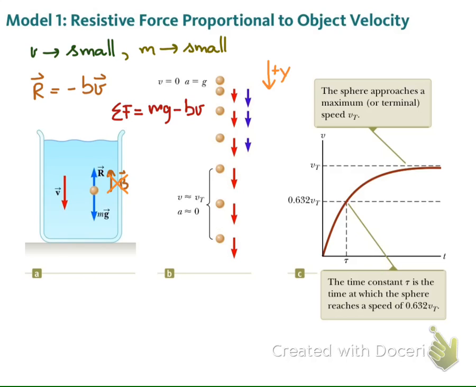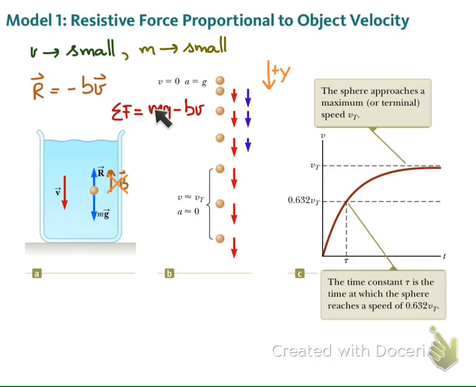So it means that the net force will reduce. At the initial point, we only have the mg term, but after that, when v is not equal to 0, we have the bv term.